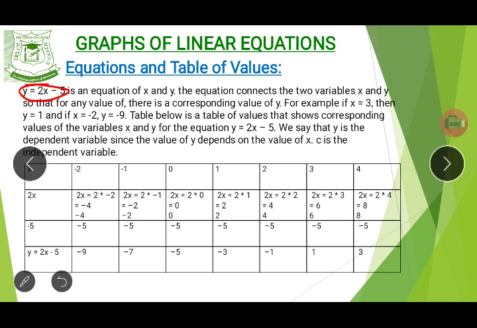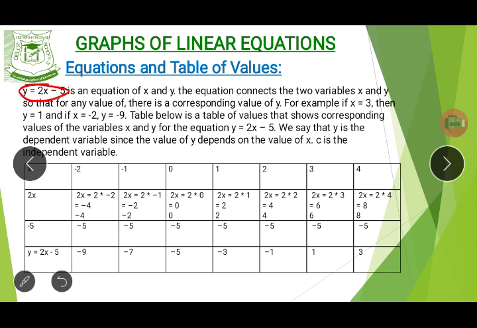Okay, now for example, if x equals 3 then y equals 1, but we are going to be seeing how this is possible when we get to the table. When you see it in the table, you see now the solution is there in the table. How is it possible? And if x is -2, then y will be -9.